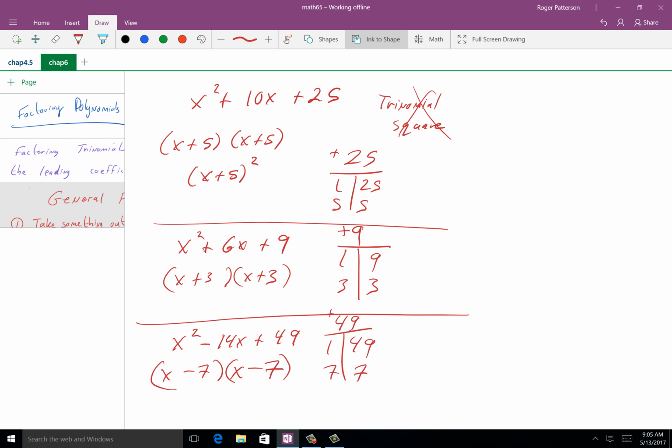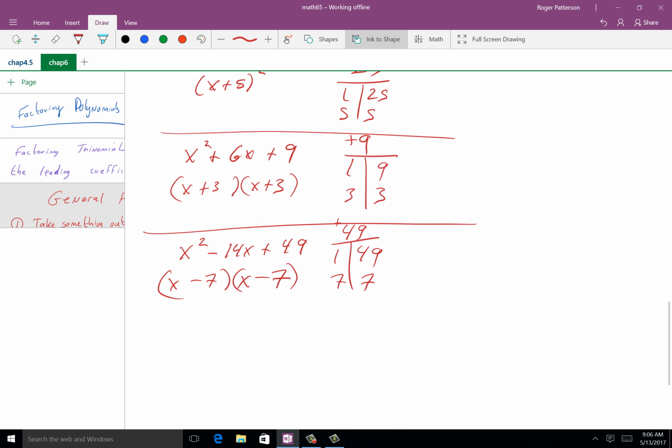Questions on those ones? So now we have all our strategies. That's it. Difference of two squares, trinomials, taking something out, grouping. We got them all. So then what we're going to do is take those and use them on different ones.